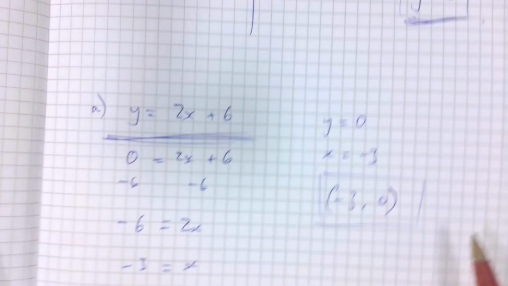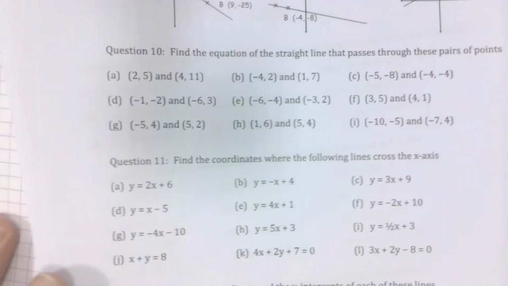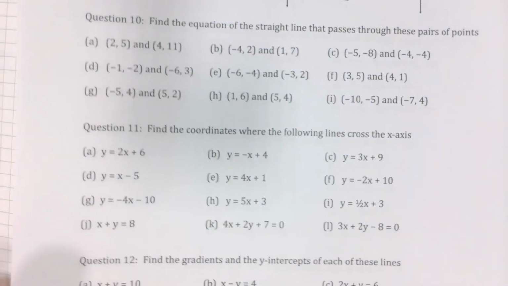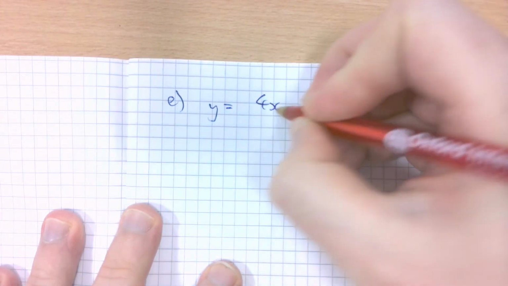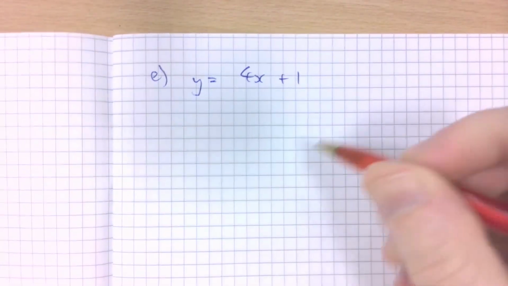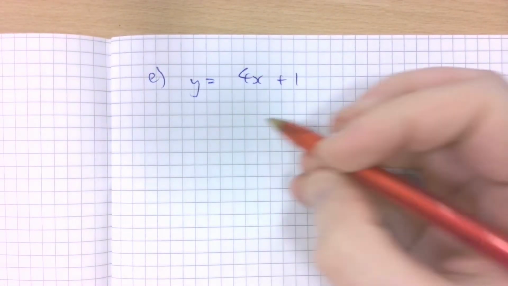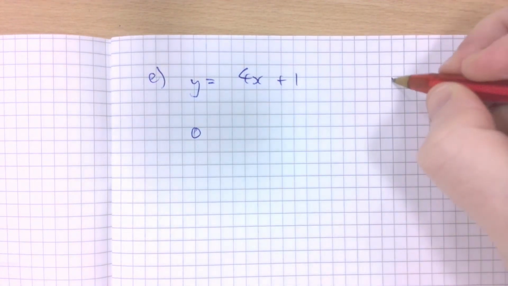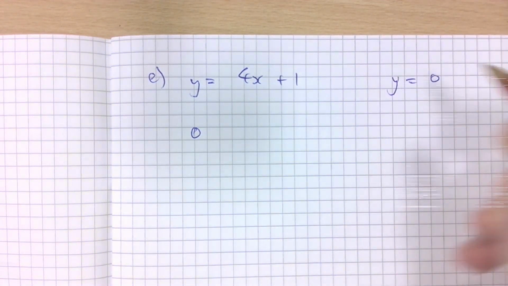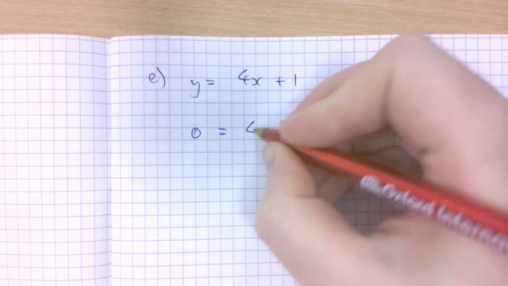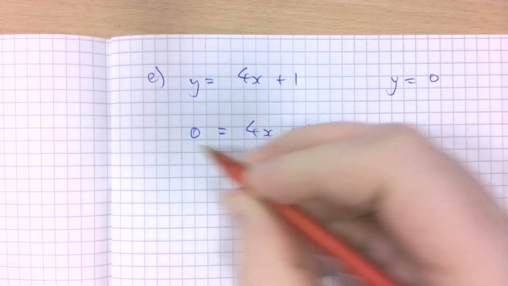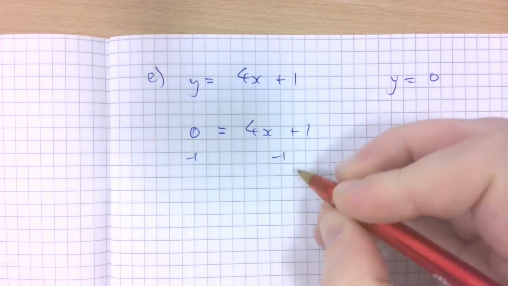All right, let's do one more just to make sure that we get this idea. So, part E. That is y equals 4x plus 1. Again, when it cuts through the x-axis, y will be 0. We already know that that second number in the coordinate is going to be 0. So 0 equals 4x plus 1. Let's take away 1 from both sides to get x on its own.